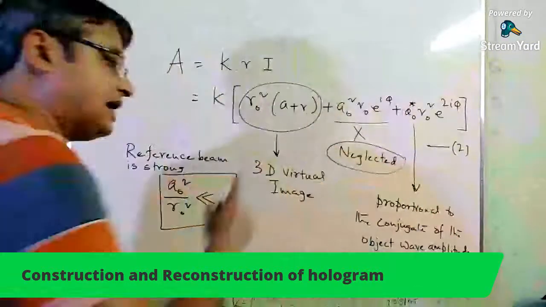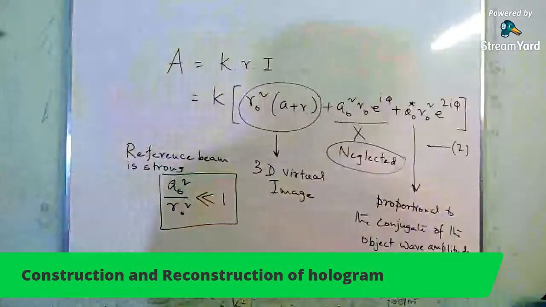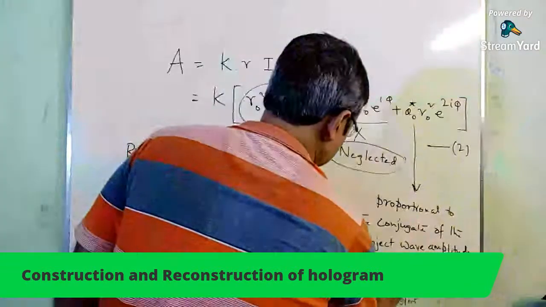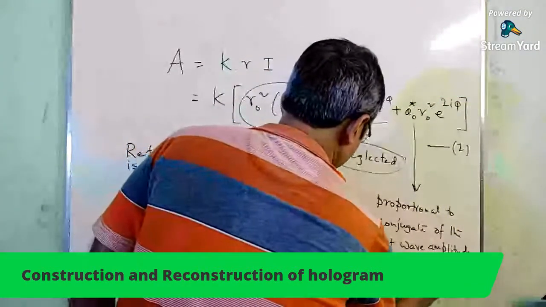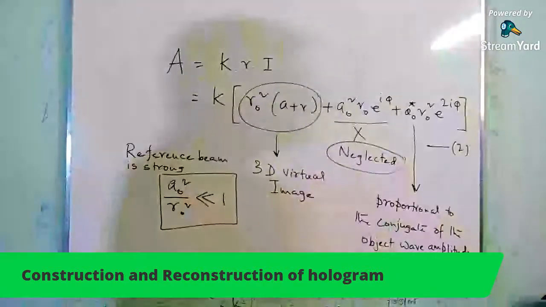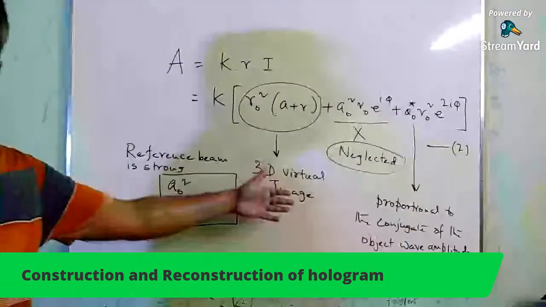And actually this is the term which is responsible for the formation of the real image. So in the reconstruction process, we have found that there is one real image and the other one is a three-dimensional virtual image.